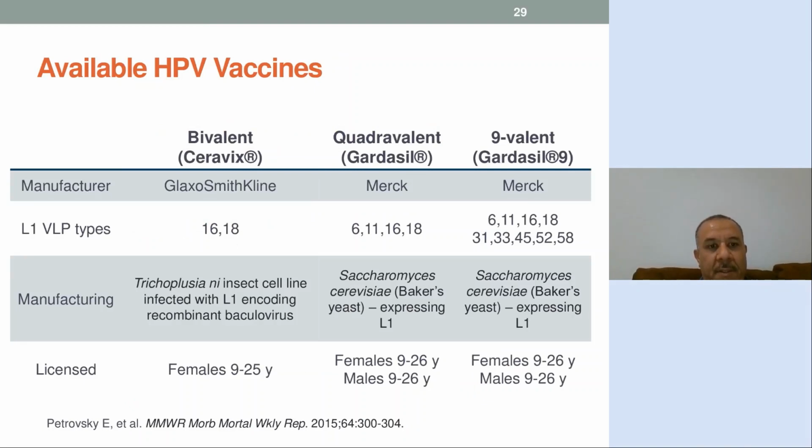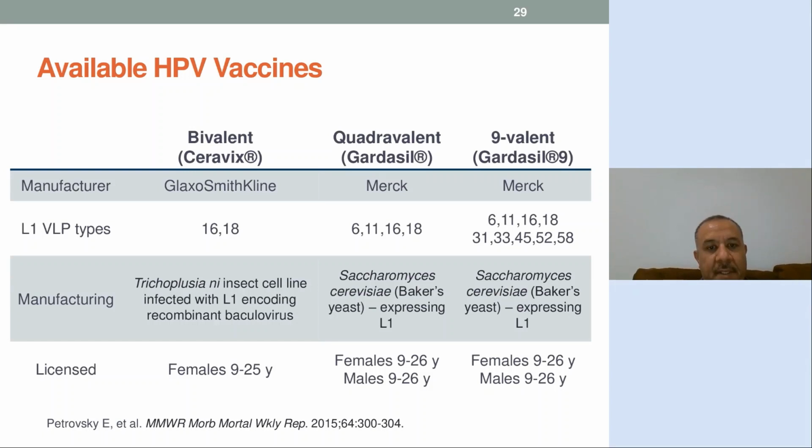Now, the brands, I think I told you at the start, you will memorize the numbers by the end of this presentation. The first one was bivalent. Bivalent was targeting the strains 16 and 18 because most of the cases of cervical cancer were related to 16 and 18. Then quadrivalent added to it 6 and 11.